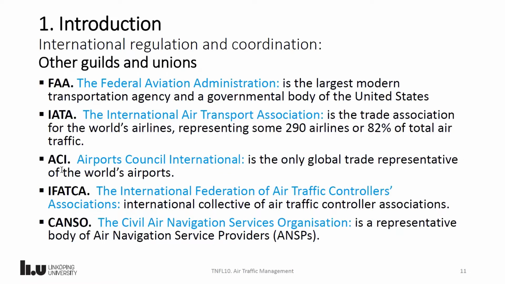Then we have ACI, which is Airports Council International, a representative of the world airports. We have the International Federation of Air Traffic Controllers Associations, an association of air traffic controllers, and also CANSO, which is the Civil Air Navigation Services Organisation, an association of air navigation service providers.